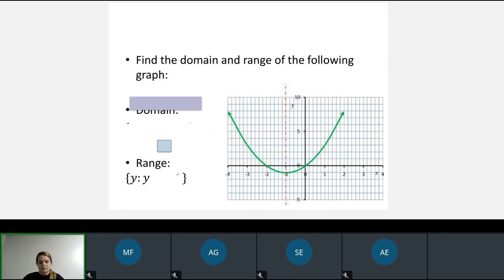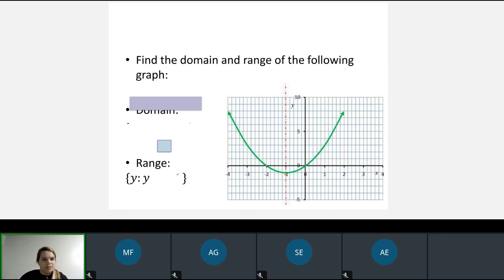Check our endpoints here. Good, all real numbers, excellent.